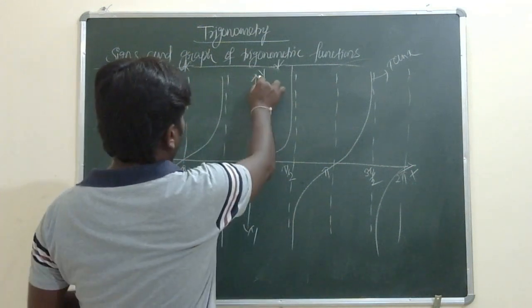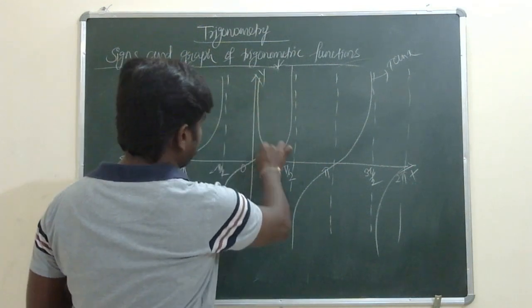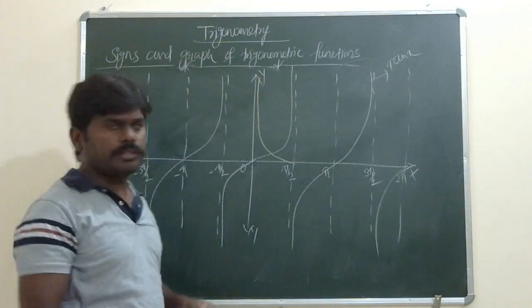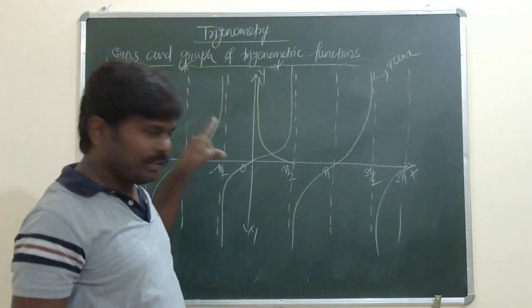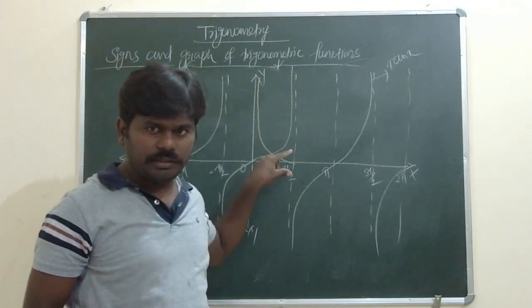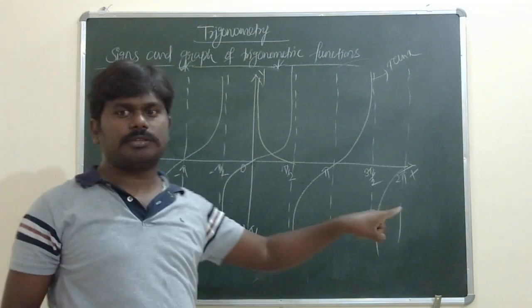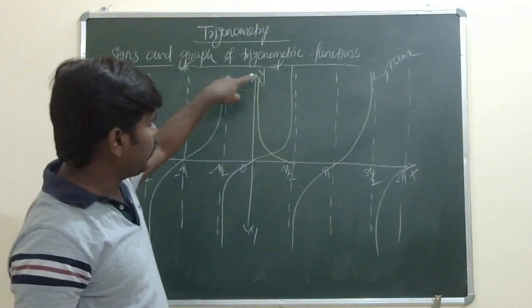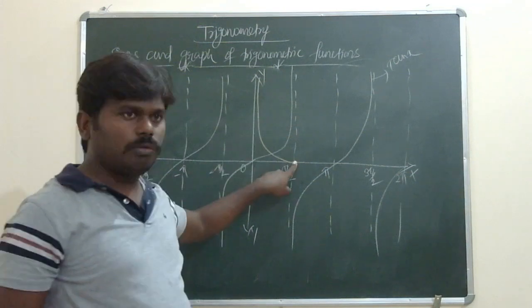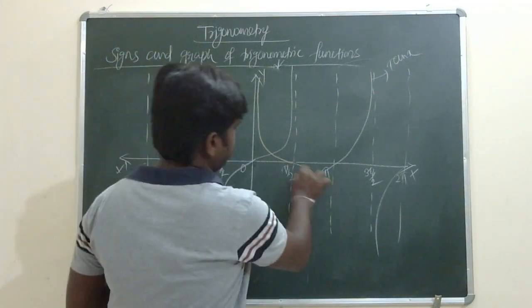So from undefined to defined, when the value of theta is increasing, the value of the cot will decrease. So here, from infinity to 0, like this.